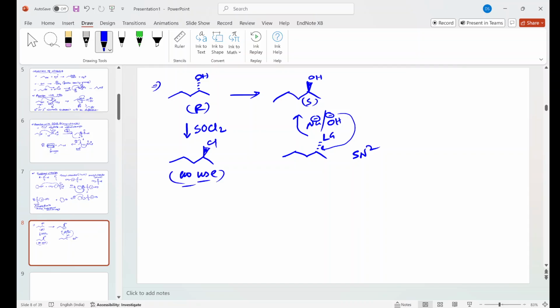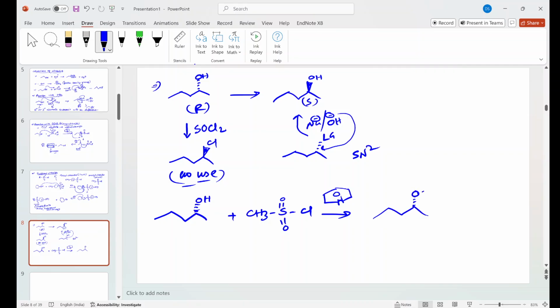Okay, so what you need to do, you have to use this tosyl or mesyl chloride, let's say we're using mesyl chloride. Okay, in presence of pyridine, then it will form this intermediate.